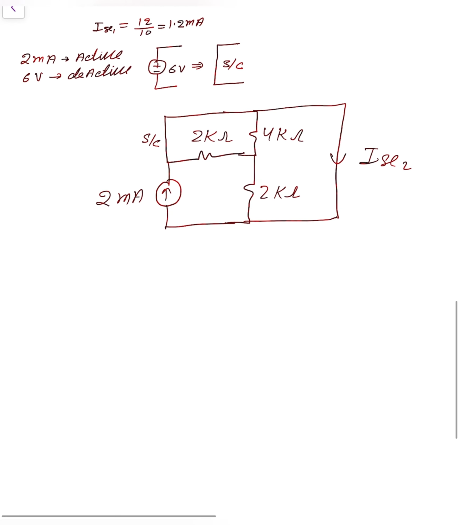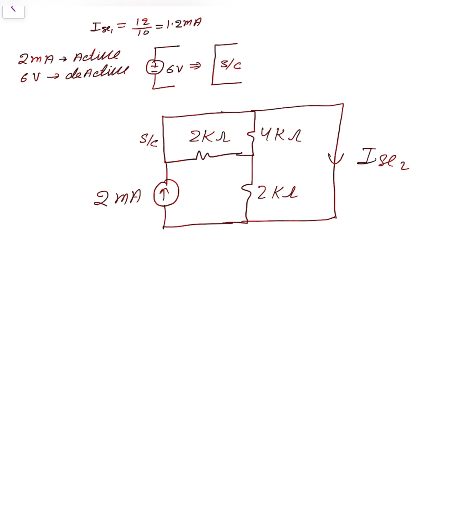So how can we do it? First of all, if you see very carefully, with the nodes x1 and y1, the 2 and 4 are parallel. The other one is not parallel, see very carefully.